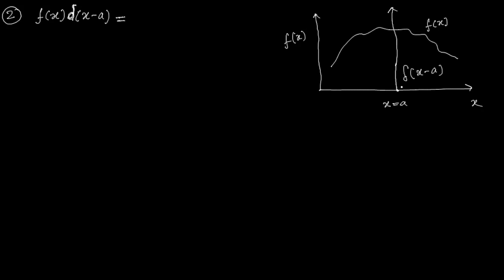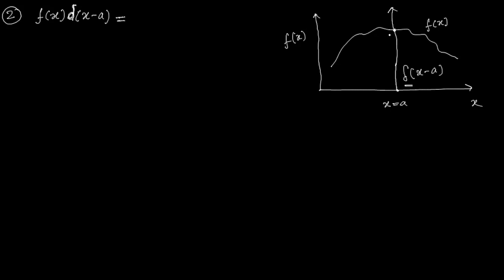See, this Dirac delta function has the property that it is infinite only at x equals a, and at other points the value of the Dirac delta function is 0, and in this product, if one function is 0, then the product will be 0. So only at x equals a will we get a non-zero value, and at other points we will get 0.